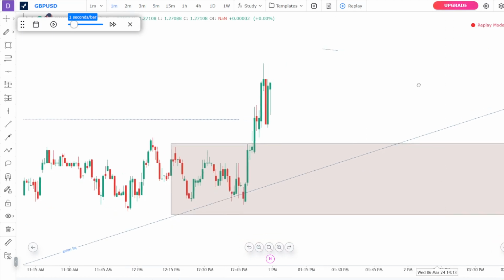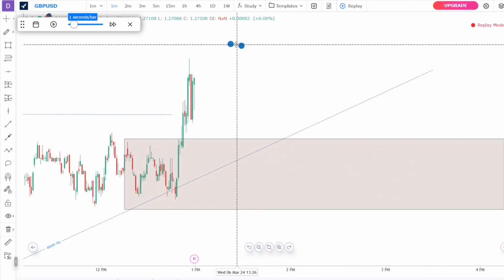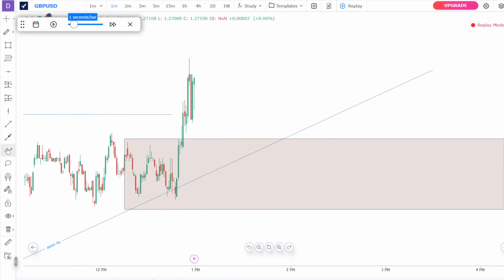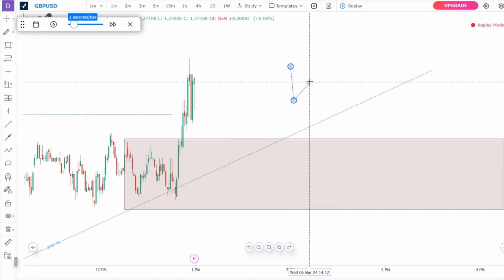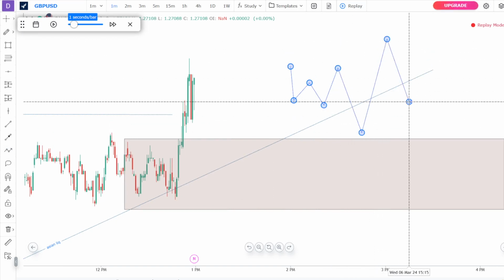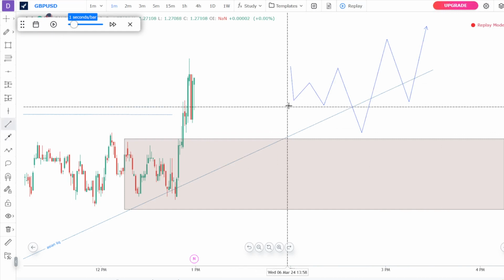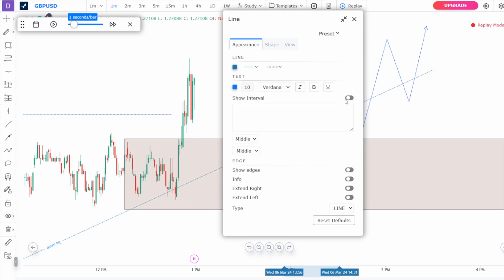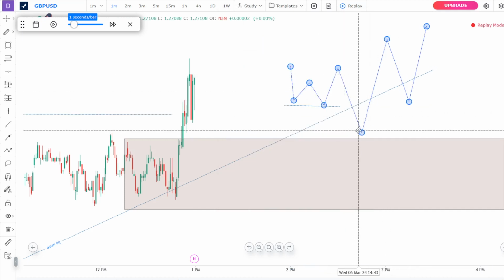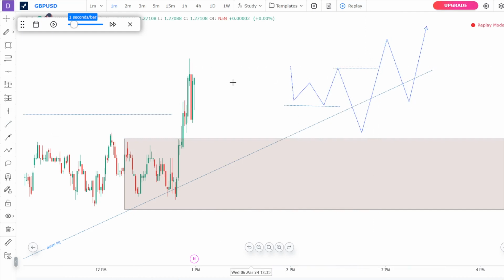So in the 1 minute, we look for some form of structure here, and what we are waiting for is something like this: either the price from the equal low, the price takes the liquidity out, and the price clears this high.